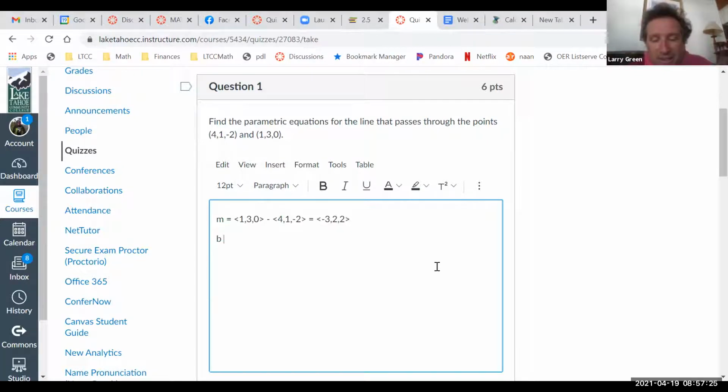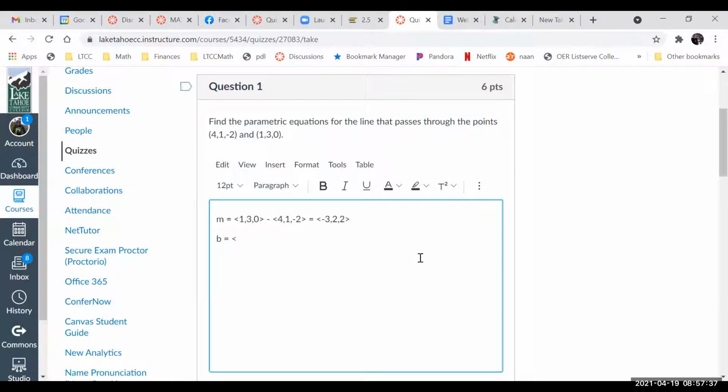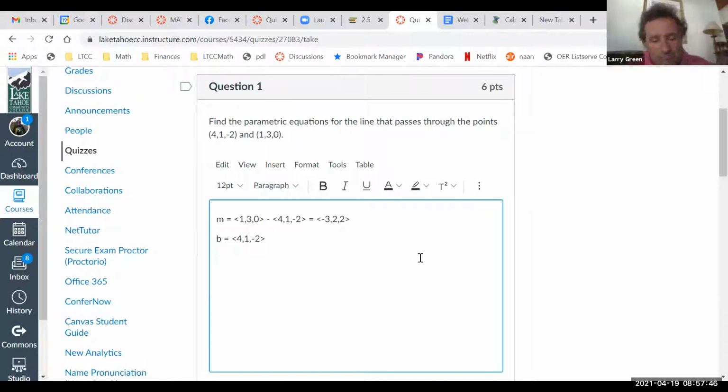Okay, we also need to find kind of like an intercept, the t-intercept. And what is that? That's easy. Just use the first point, I suppose. Yep, (4, 1, -2). And then you just follow what you learned in 7th grade or maybe 8th grade.